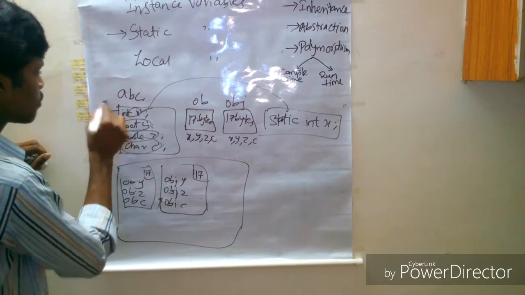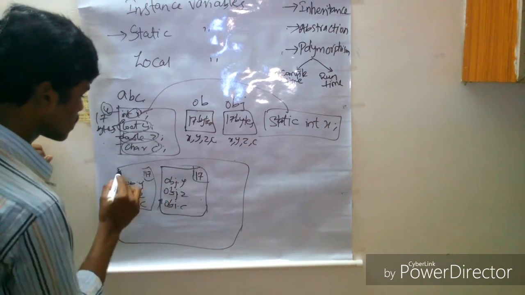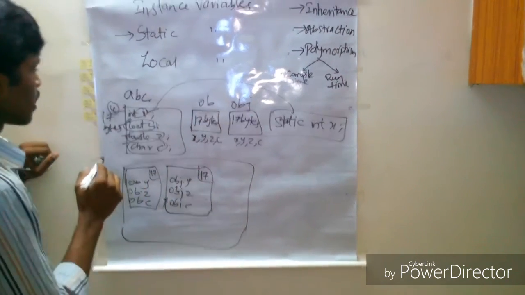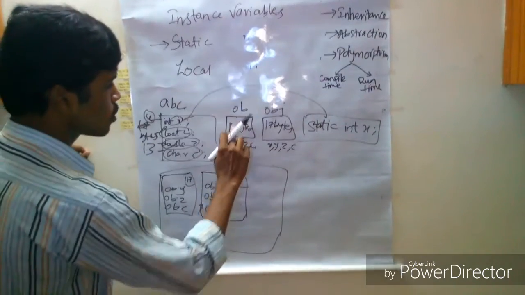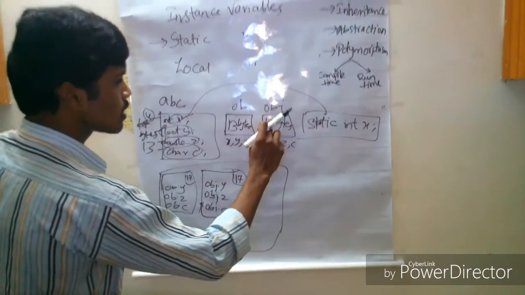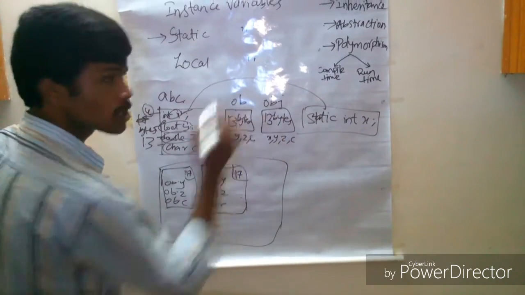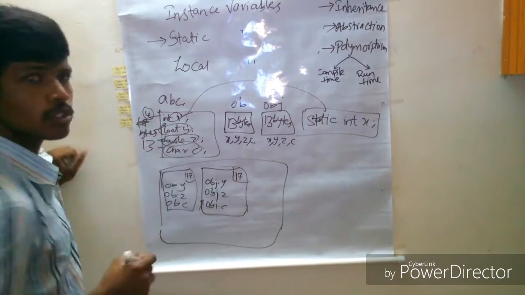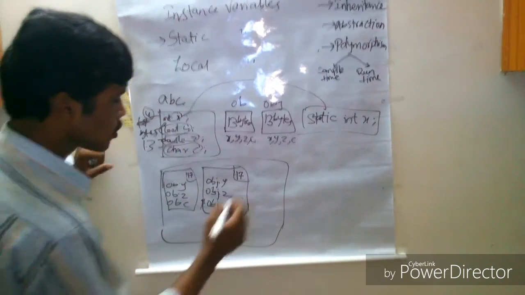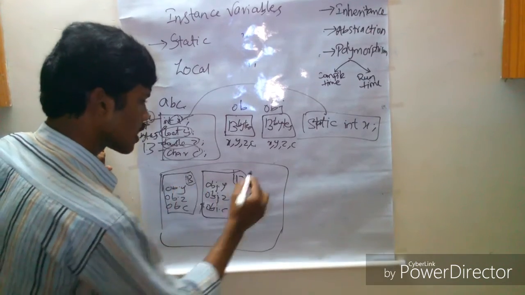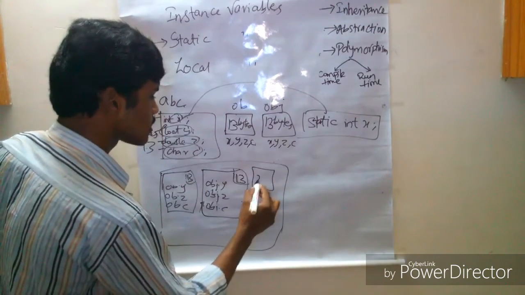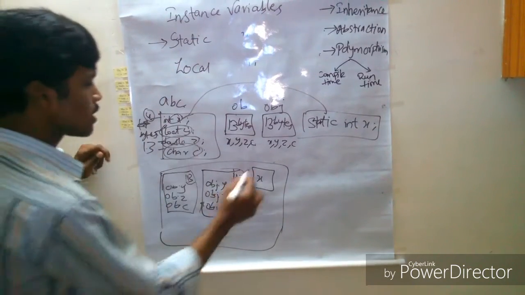So these 4 bytes of memory will be created only once, and the remaining 13 bytes are what ob and obj each occupy. Then what about the 4 bytes of memory of x? It is going to be created separately, as x of class ABC.